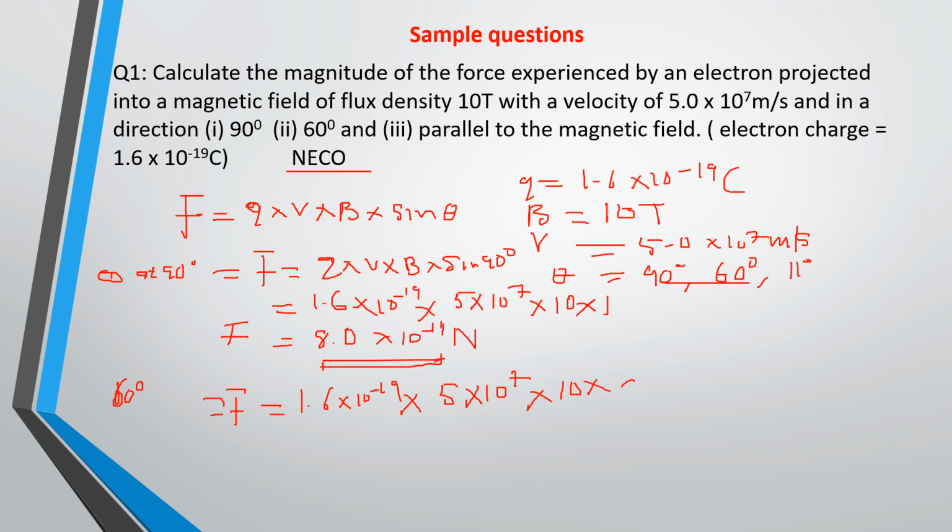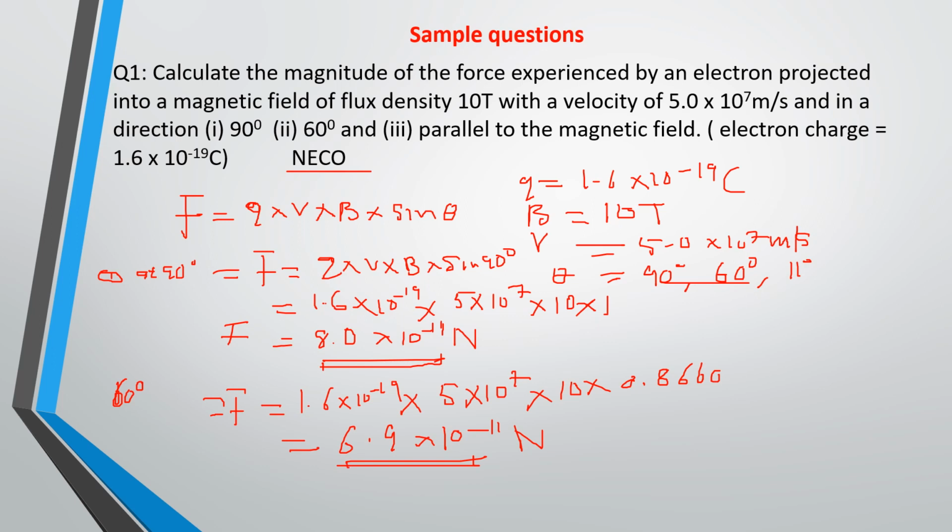Sine 60 degrees will give you 0.8660. By the time you multiply that out, you will have 6.9 times 10 raised to power minus 11 Newton. Alright, so that is it.